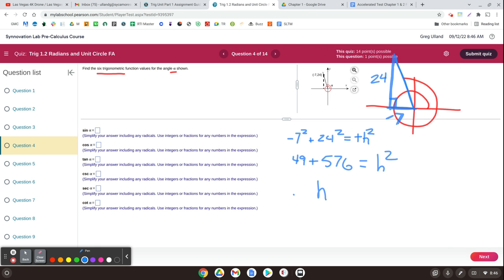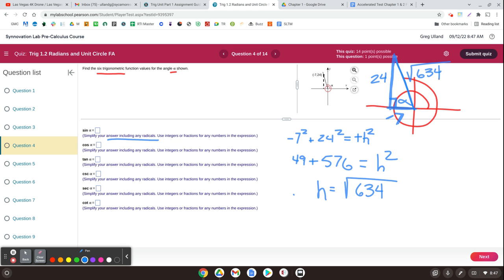So h is the square root of 634. All right, so simplify your answer, including any radicals. Use integers or fractions. So the answer for the sine is opposite. Here's alpha right there. The sine is opposite over hypotenuse.